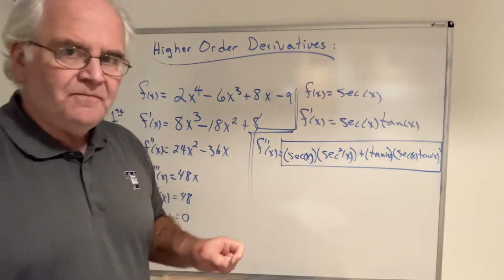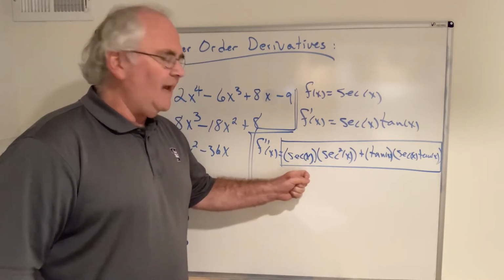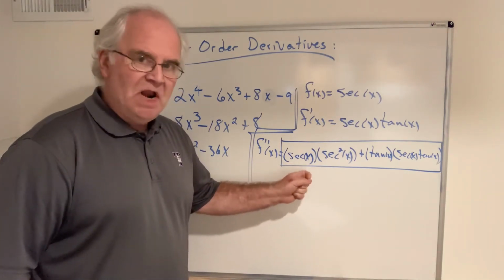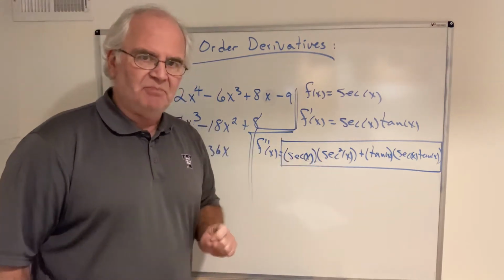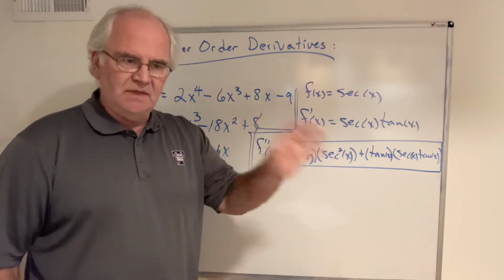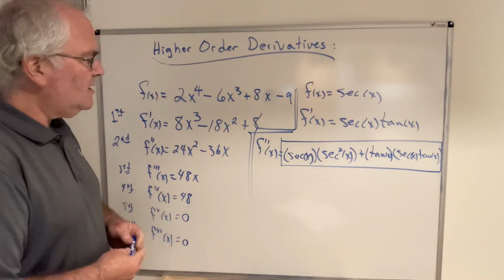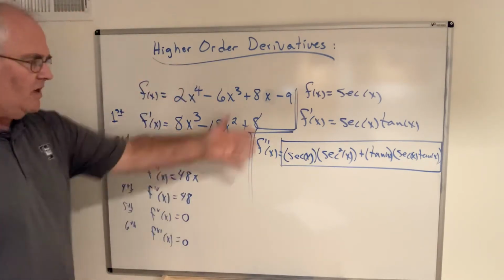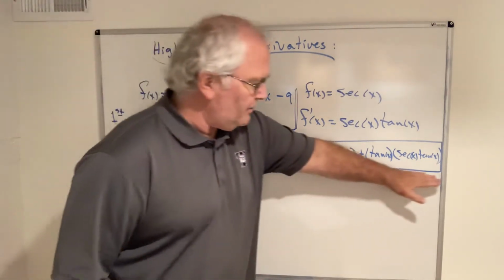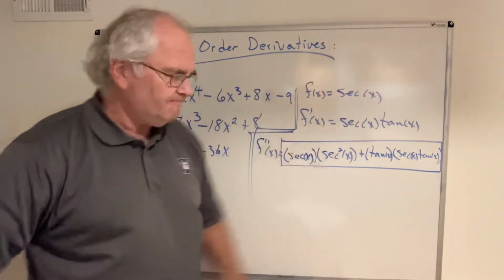In fact, there are going to be times on the exams I'm going to say explicitly, do not simplify. I want you to leave it in this unsimplified form for reasons that become clear later on. So for now, there's the second derivative. So the point is, it doesn't always go to zero. And we can see, if you took the derivative of this thing, it's going to continue to get larger and larger and larger. All right?